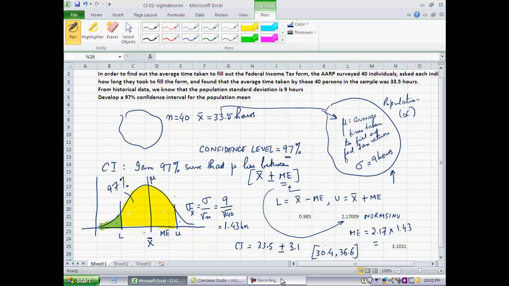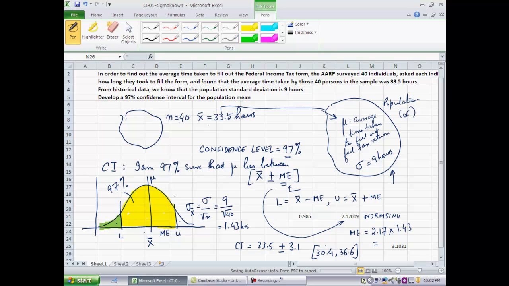So the general mechanics of computing the margin of error is to first link how sure you want to be, in other words the level of confidence, with how large the margin of error has to be in standard deviations. Once you know that, all you have to do is multiply it by how large one standard deviation is. That's why we multiply 2.17 by 1.43.